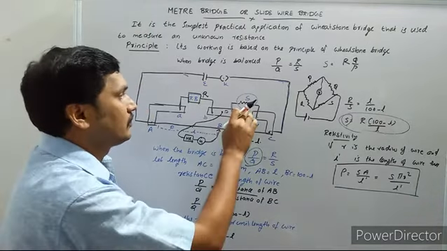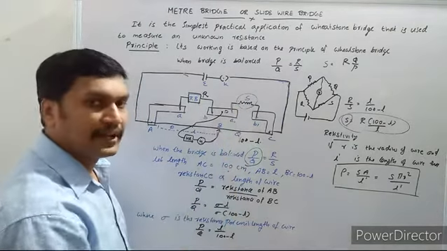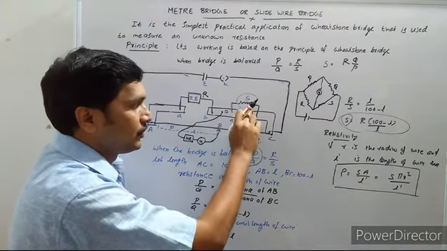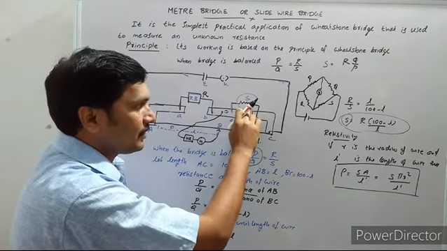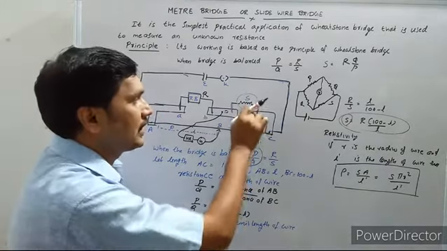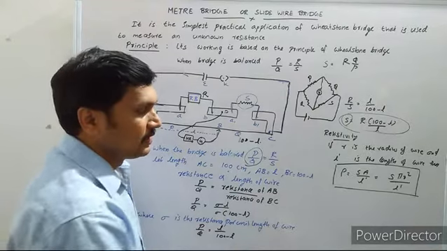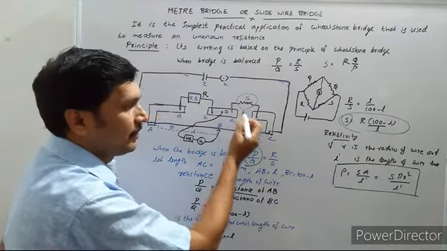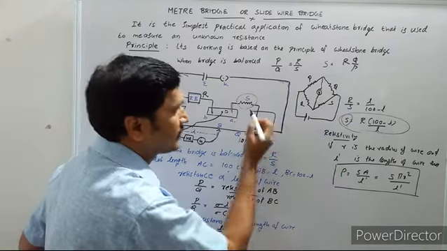If you are asked to calculate the resistivity of this wire, once you have calculated the resistance, and you know the length and radius of this wire, we can easily calculate the resistivity. Suppose r is the radius of this wire and L dash is the length of this wire.